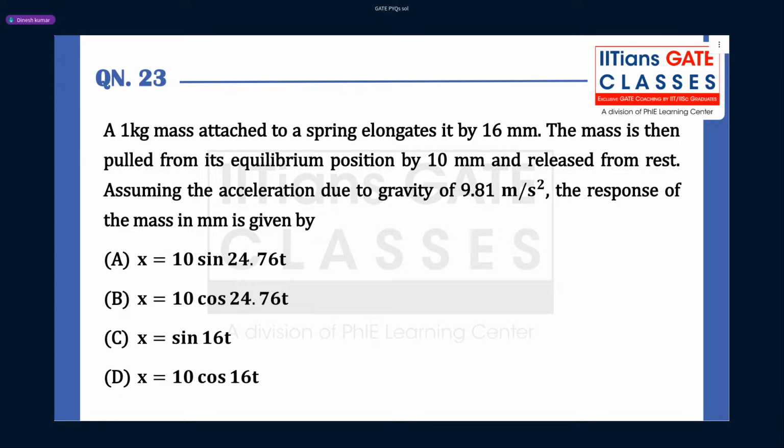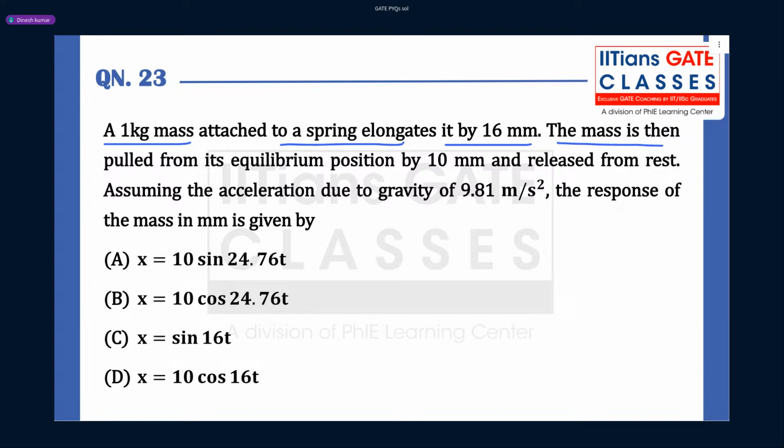Question number 23. This is one of the good questions, and many people find difficulty in this question. So I'll explain how to deal with it. Read what the question says. A 1 kg mass attached to a spring elongates it by 16 mm.